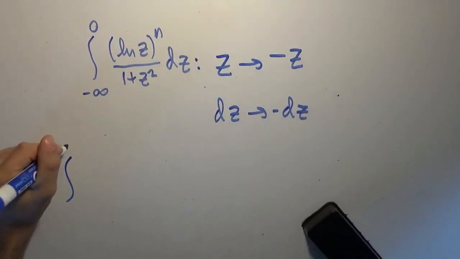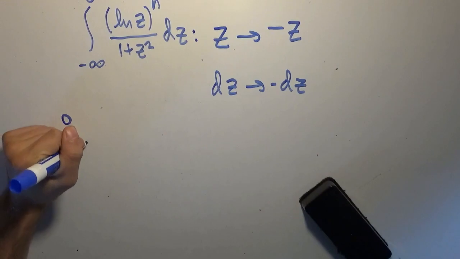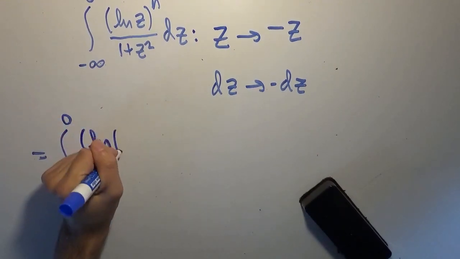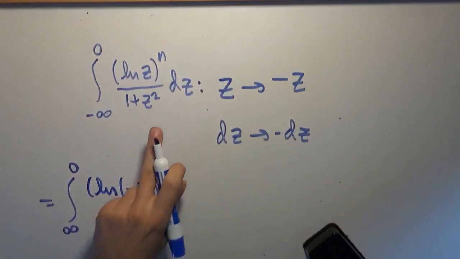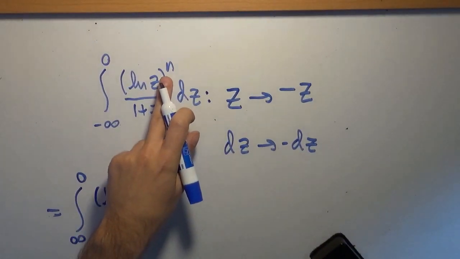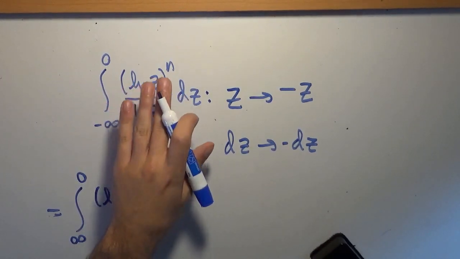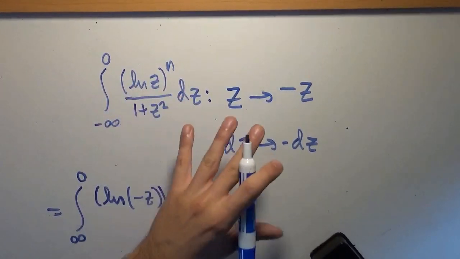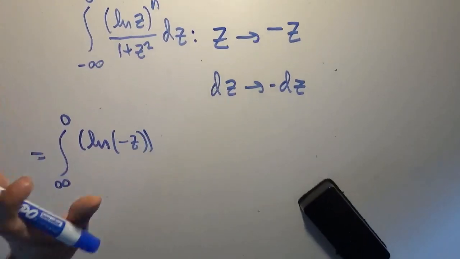Negative 0 is 0, negative infinity is positive infinity, and we get the natural logarithm of negative z to the power of k. Actually, I wrote n, because n is still a non-negative integer, just like k was. I'm just using n for now because it'll look neater later on. So n is the same as k, it's just a different letter.